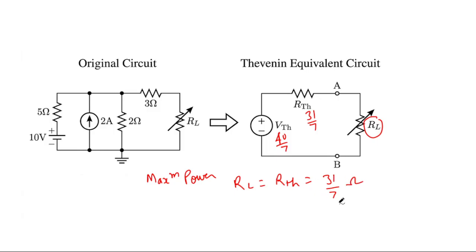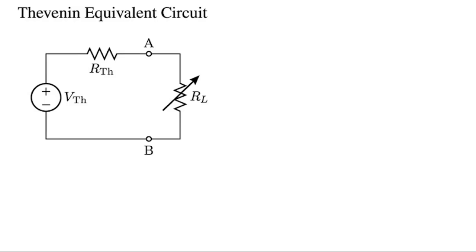So the value of RL should be equal to 31 by 7. Now this is the Thevenin equivalent circuit: VTH equal to 40 by 7, RTH equal to 31 by 7, and RL equal to 31 by 7.